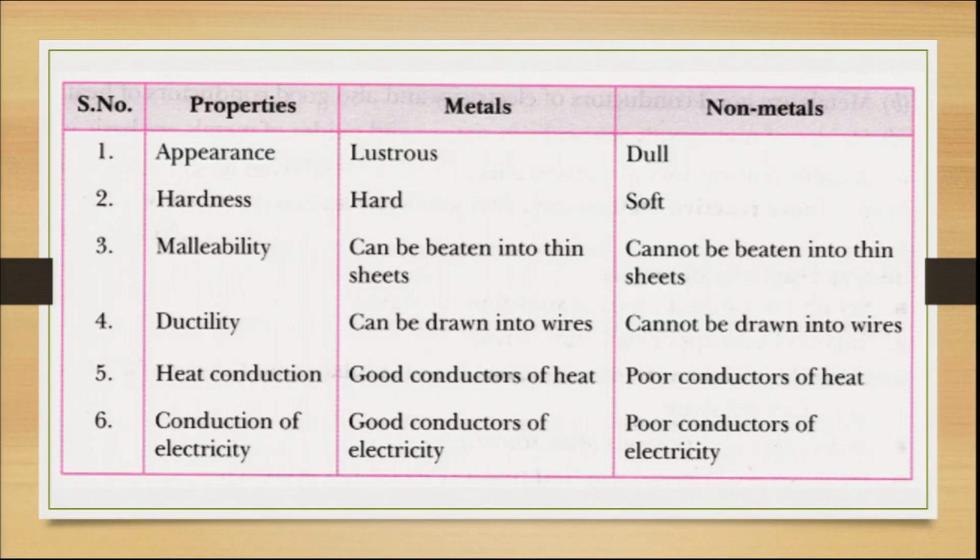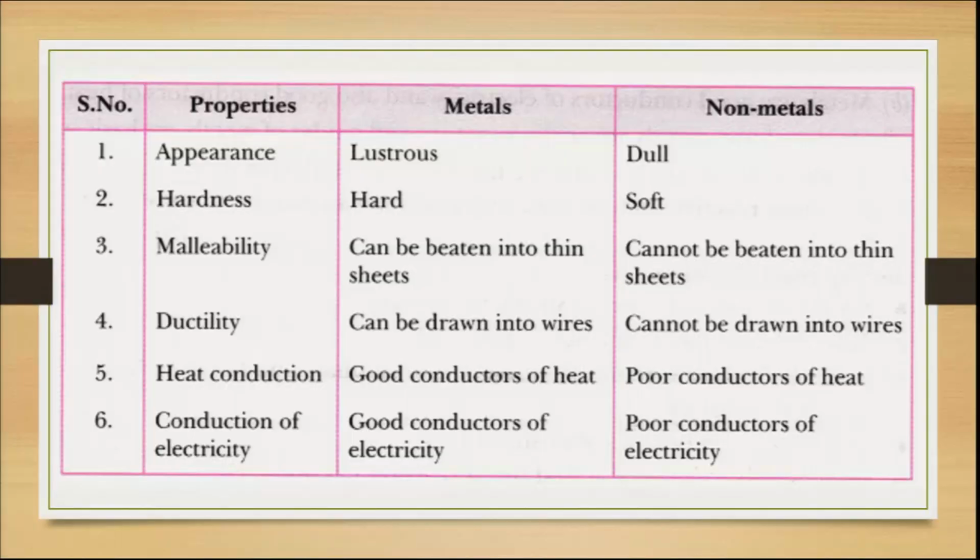Moving on to the next, conduction of electricity. Here metals are good conductors of electricity, and because of that all the electrical equipment, all the electrical wirings are made up of metal. On the opposite hand, non-metals are poor conductors of electricity, and that is why they are called insulators.